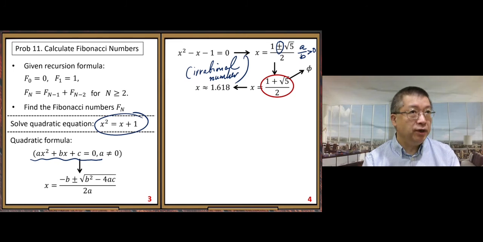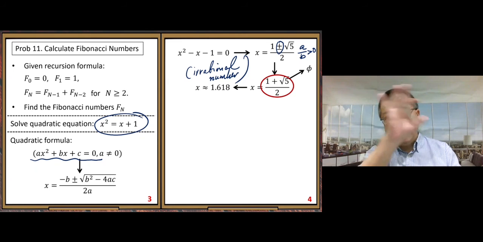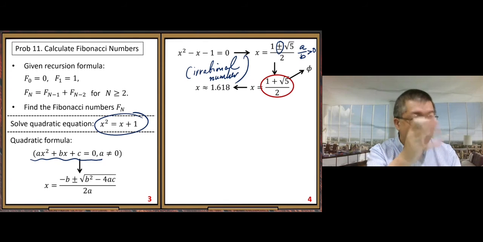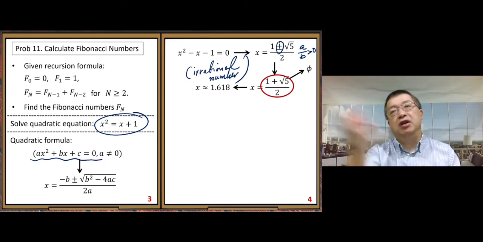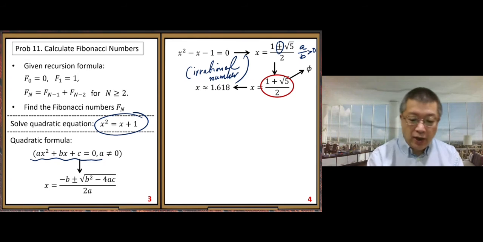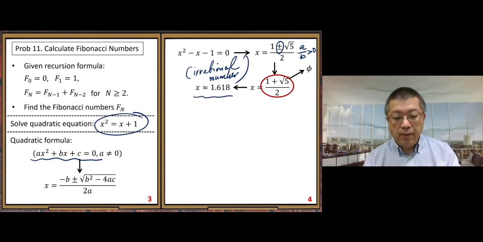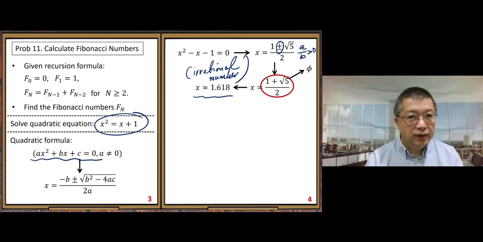That's the rational number. An irrational number is a real number that cannot be represented as a rational number. That's simple. So this is an irrational number, with an approximation like this.